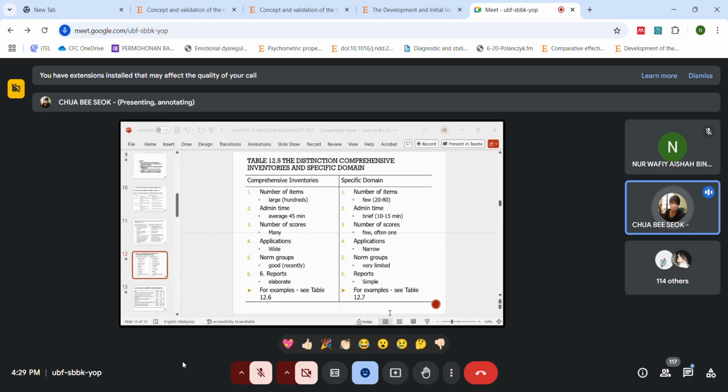Not like the specific domain. For specific domain, normally the applications are very narrow, and the inventory is normally unidimensional, or they only measure one or two dimensions, right?